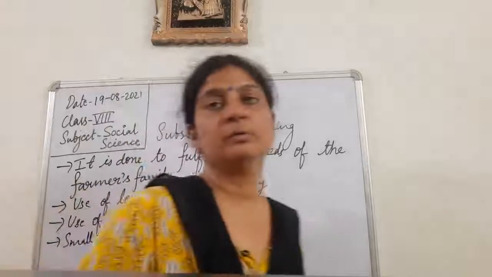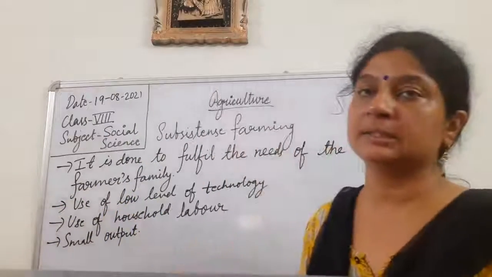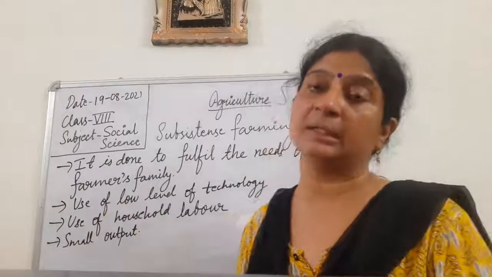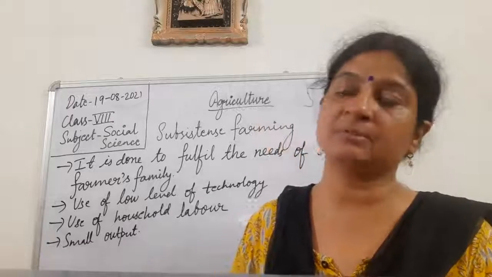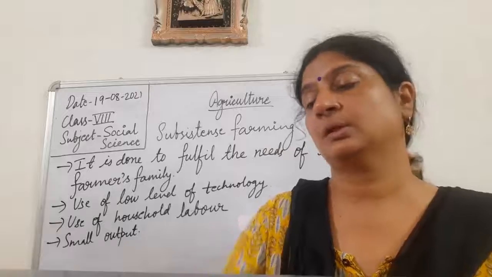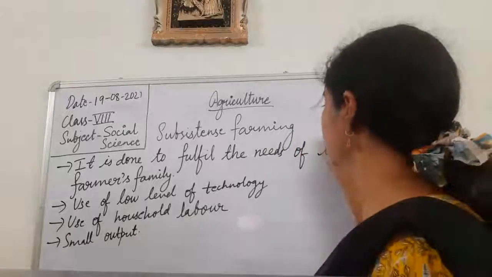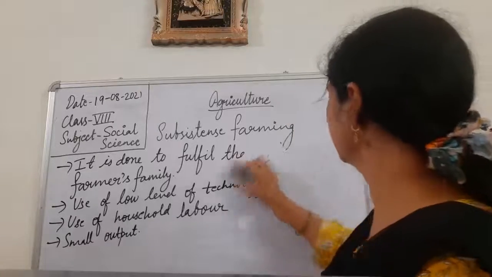Okay, and now we will see that this subsistence farming can again be classified into intensive subsistence and primitive subsistence. So now we will see the classification of subsistence farming.